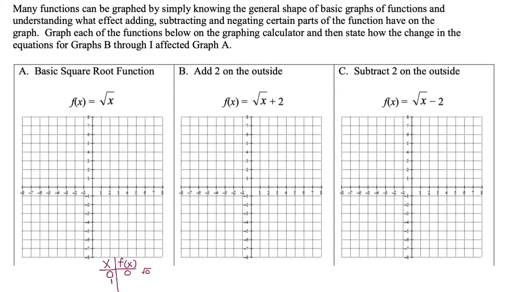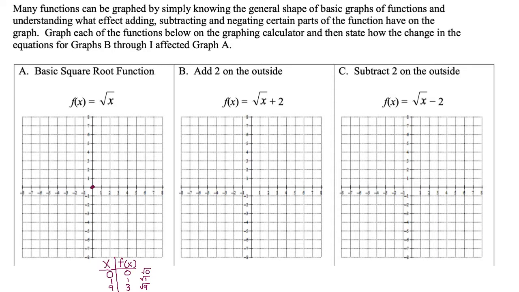We're going to plug in a 1, and so we're going to have the square root of 1, which is 1. And then we're going to plug in 9, and so we have the square root of 9, which is 3.